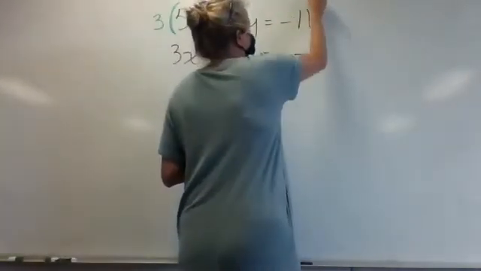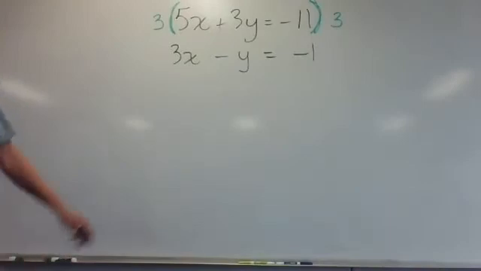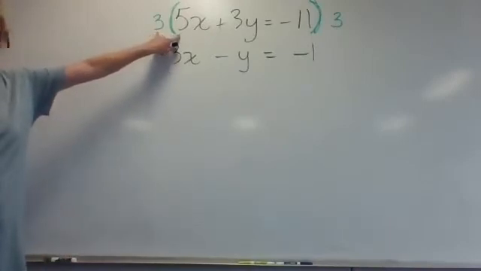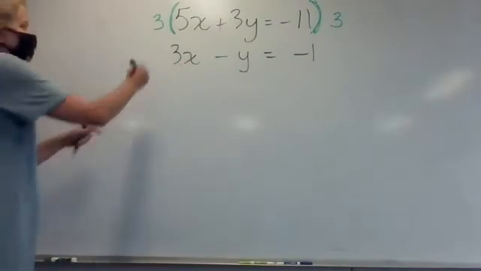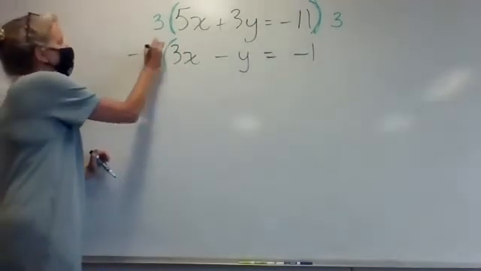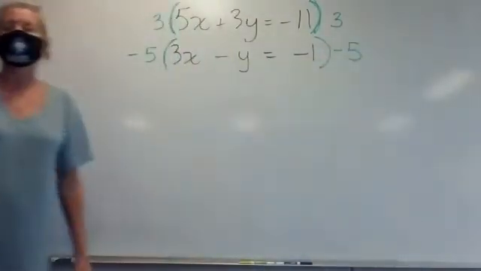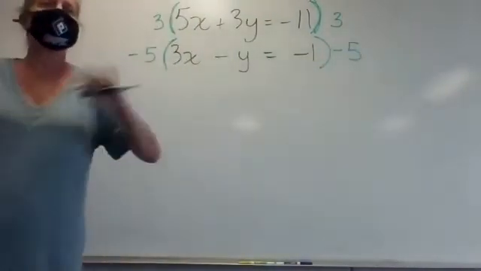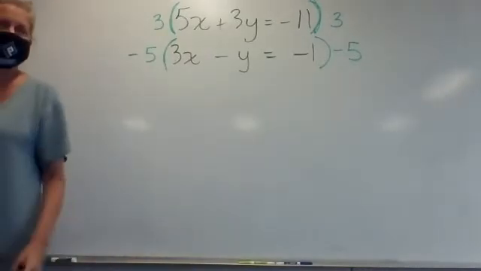If I do it to one side, I've got to do it to the other. So that's going to be a positive 15, which means this one has to be negative 15. So what am I going to multiply the bottom equation by to make its x negative 15? Exactly. -5. So multiply all the way across on both of those equations, then your x's are going to be opposites.